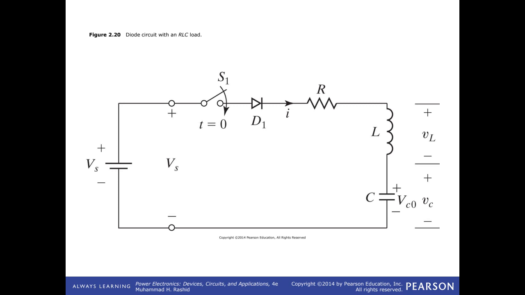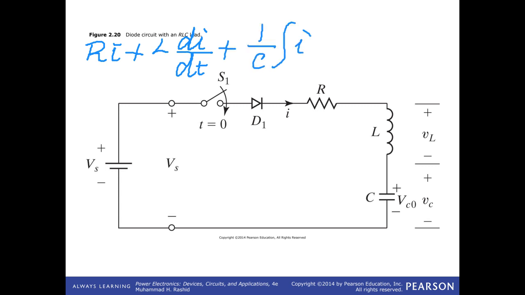Ri plus L di/dt plus 1 over C integral of i dt equals 0.